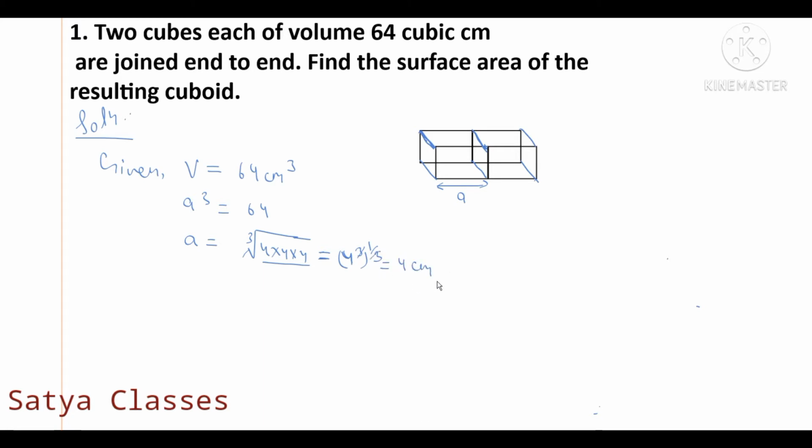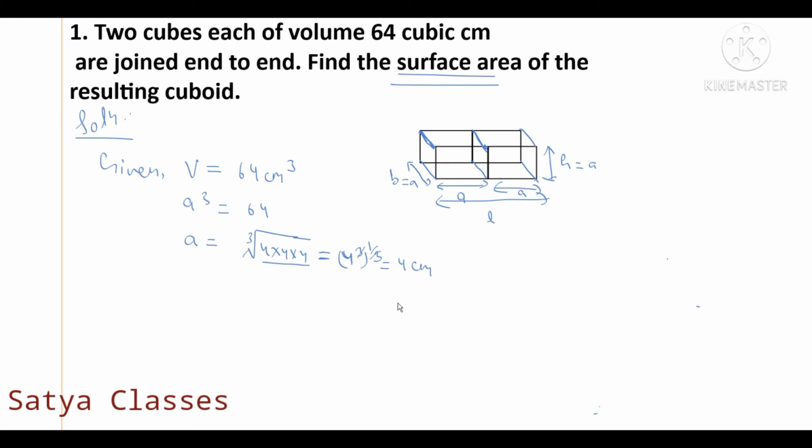Now you are required to calculate the surface area of the resulting cuboid. So look here, this is the cuboid and the length of the cuboid is getting double. The height remains the same, height equal to A, and the breadth is also equal to A.